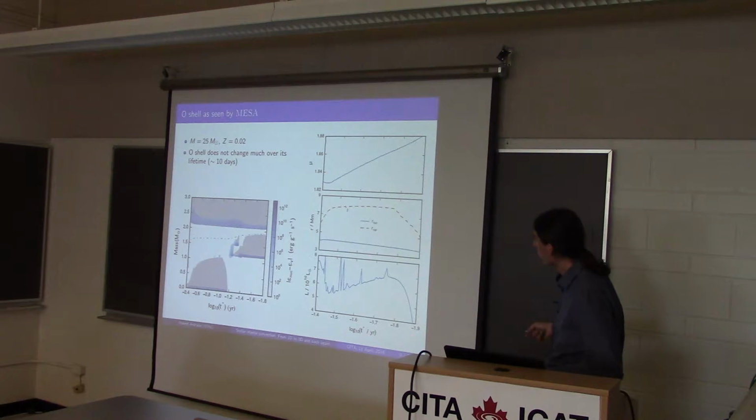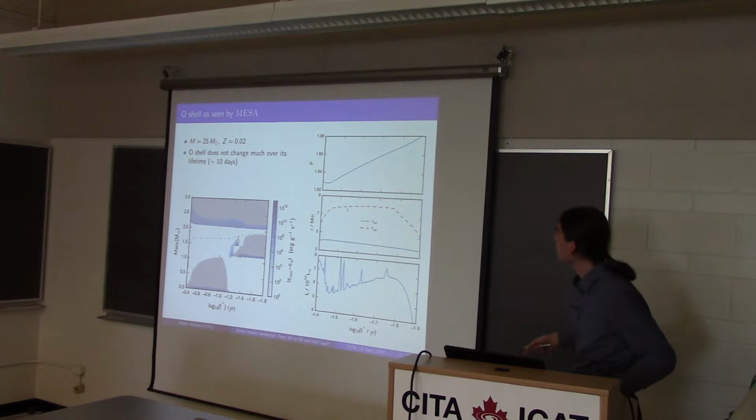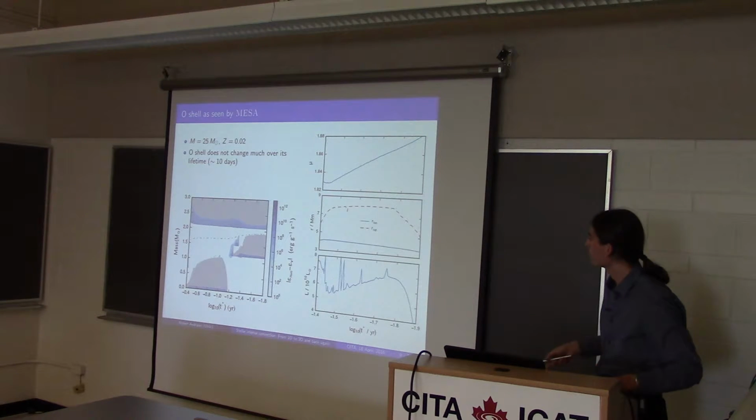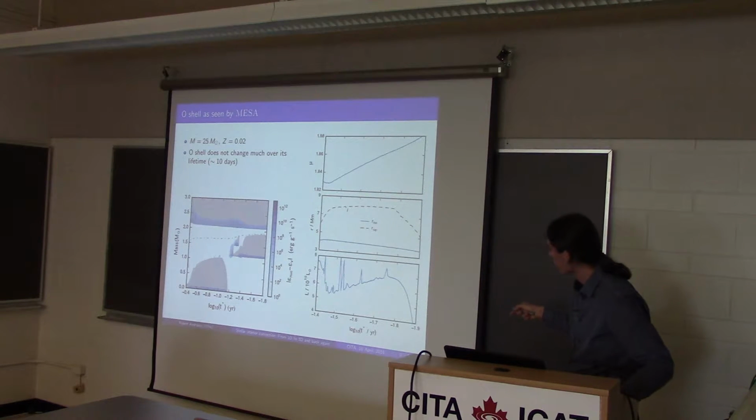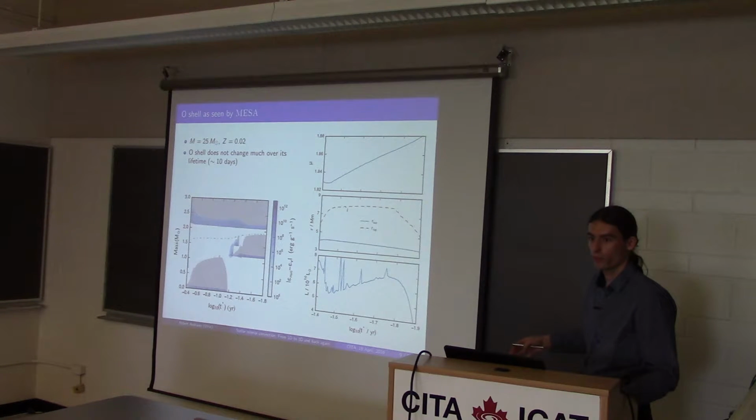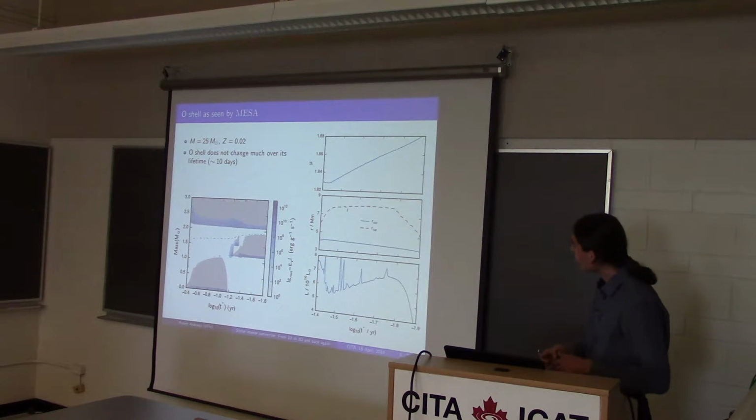If you use the same time scale, you can see that the mean molecular weight in this convection zone increases with time as the burning proceeds. And it's got two boundaries, the bottom boundary and the top boundary. You can see that for most of its evolution, the size of the convection zone is about the same. And also the luminosity, although it has various spikes in it, is about the same. So this should be an easy case.